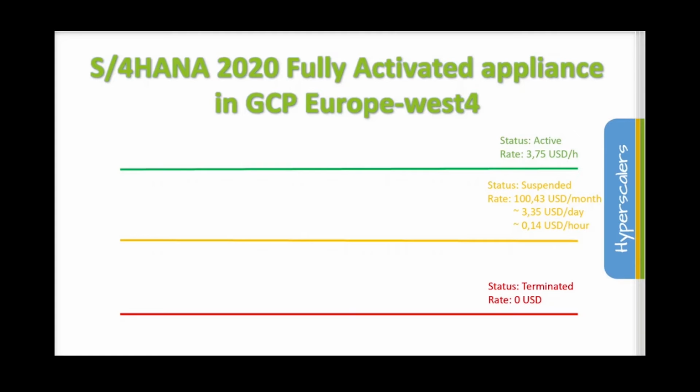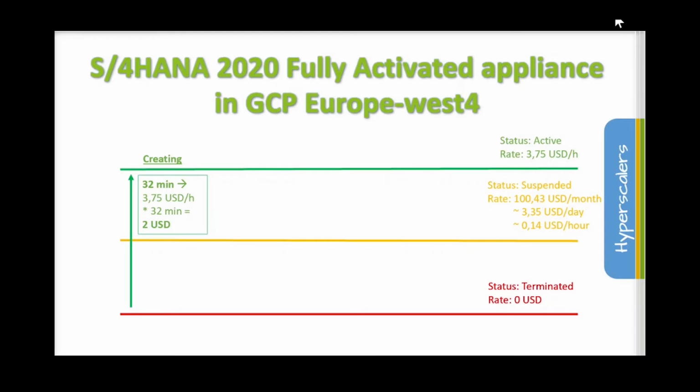To be able to estimate the costs in the different scenarios, I first timed how long it takes for my instance to perform the following actions in SAP CAL. Creating an instance takes 32 minutes. That means a cost of $2. I painted this because it's like moving from terminated to created to active.